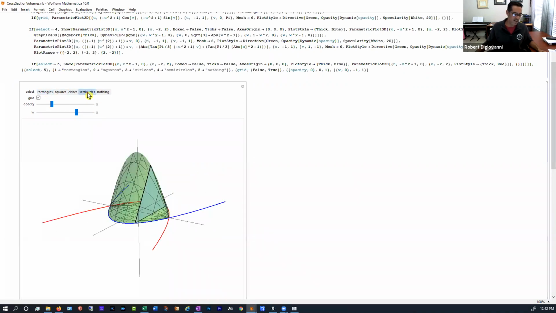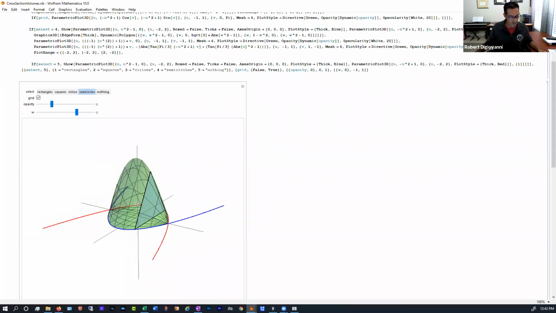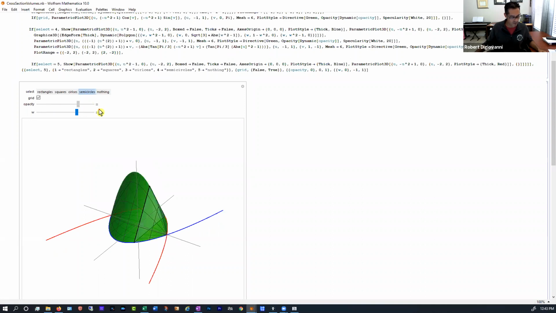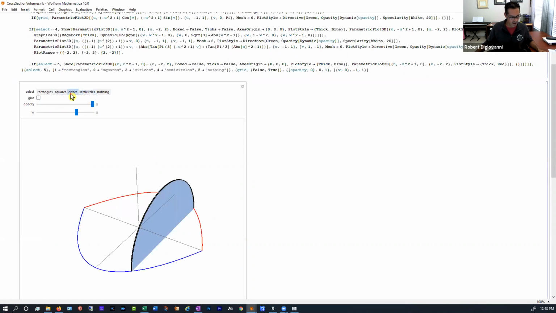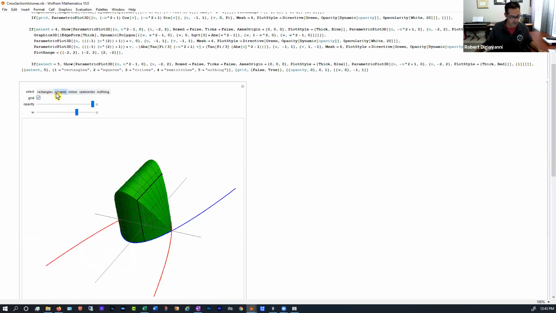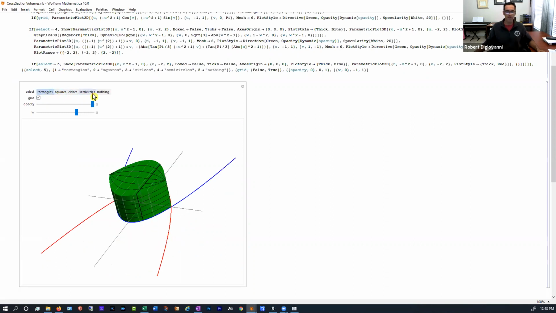That says semicircles, but this is equilateral triangle. So all of these objects are different. They're all different shapes. They should have different volumes.